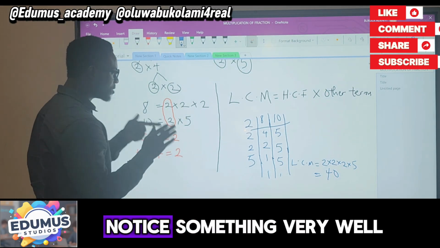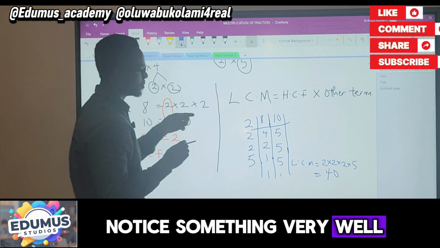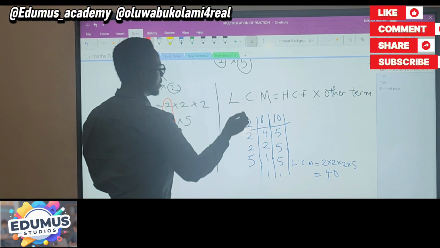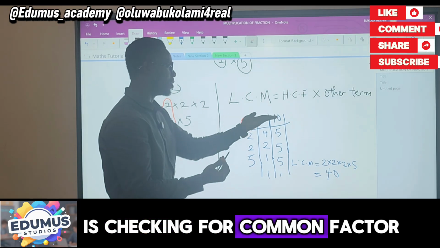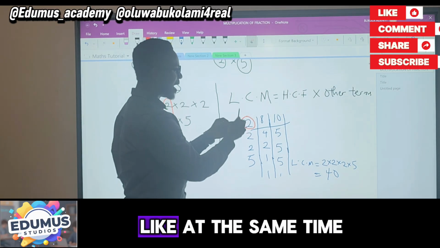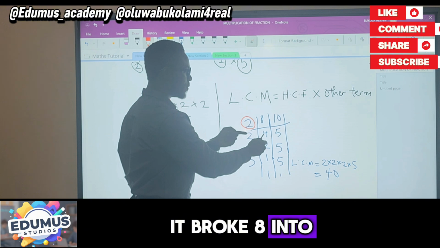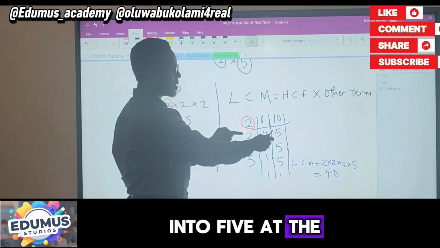Now, if you notice something very well, these 2 is checking for common factor. At the same time, it broke 8 into 4 and broke 10 into 5.